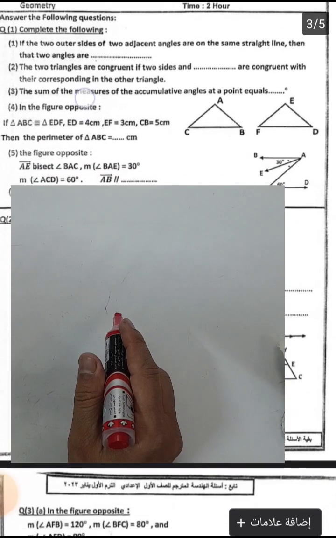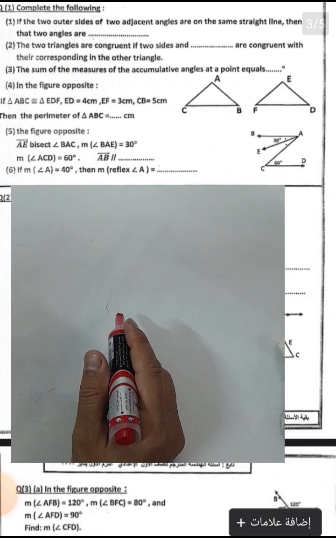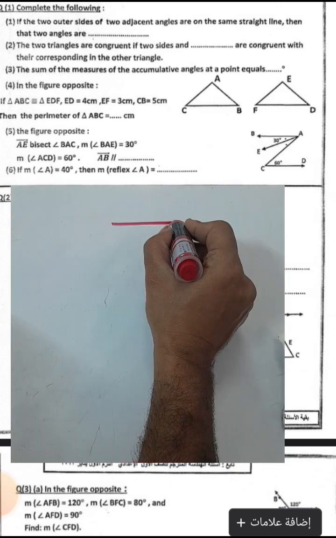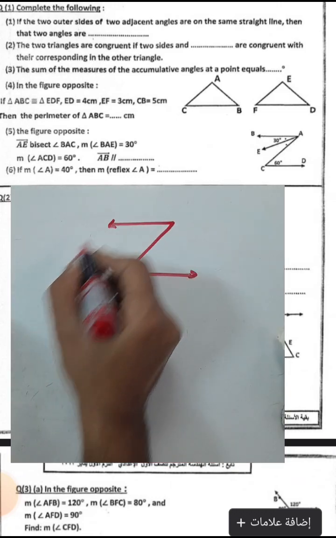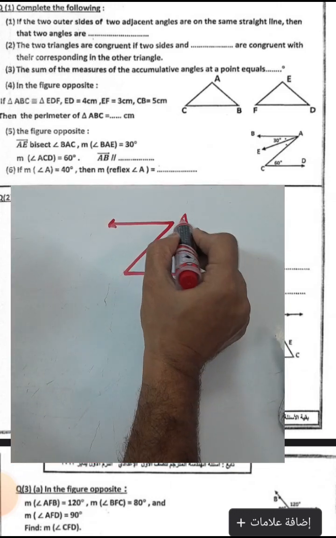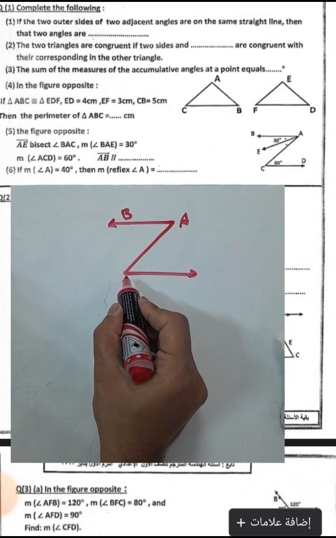Next question. We have two parallel straight lines, AB parallel to CD, and we have bisected angles here.